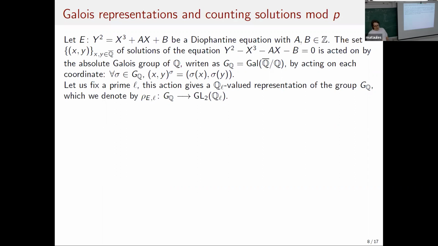Now, what Q_l is, if you don't know: Q_l is the l-adic numbers, and to explain it, I think the easiest way is to think about the l-adic integers. We write Z_l for the l-adic integers, and this is just bunching together Z modulo l, Z modulo l squared, Z modulo l cubed, and so on.